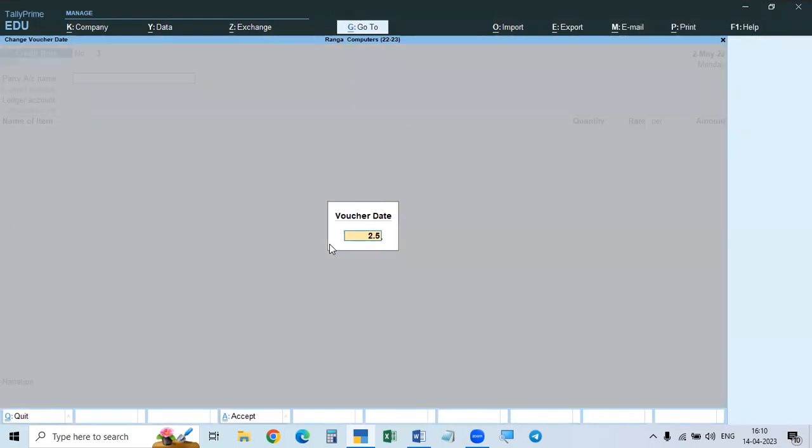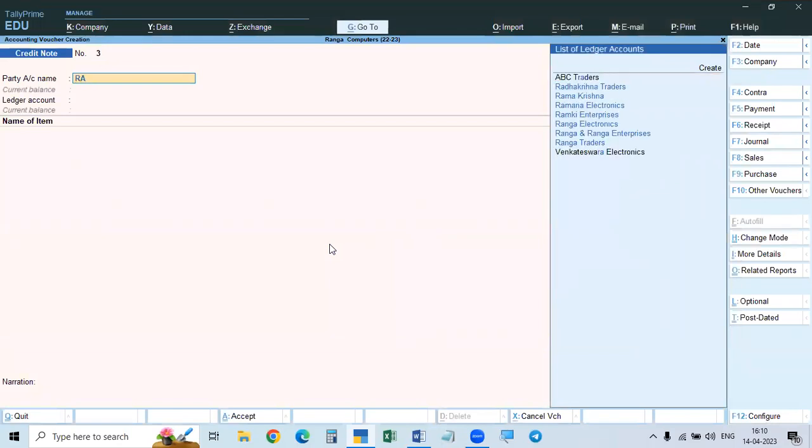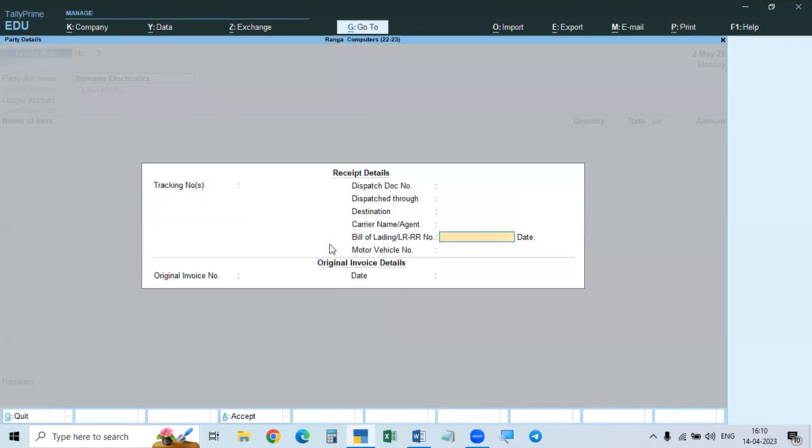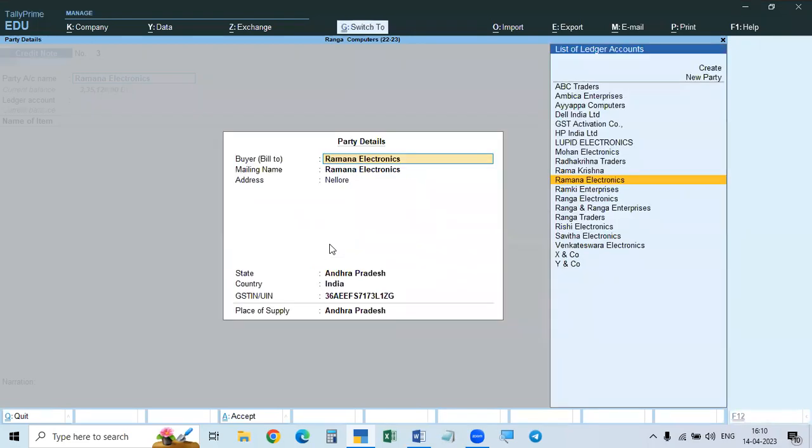Date is 2nd May. Ramana Electronics. And the original invoice is number 8, 1st May. Remember that. Number 8, 1st May. And save this.